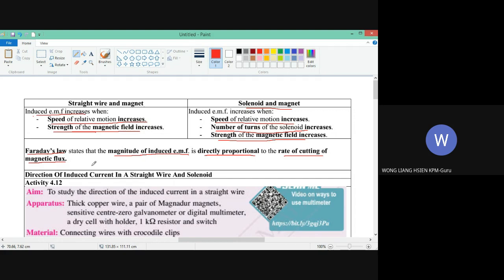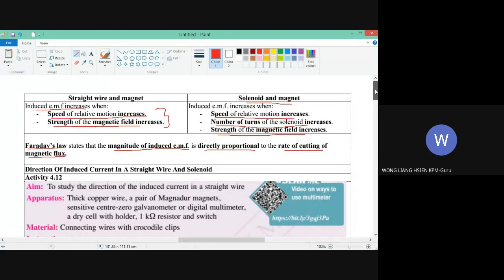You see it says here, magnitude of induced EMF is directly proportional to the rate of cutting of magnetic flux. So basically, this explains these two things. If you cut faster, that means the rate of cutting of magnetic flux will be higher, right? Now you cut very fast, you move fast. Second, when you use a stronger magnetic field, what is the characteristic of a stronger magnetic field?